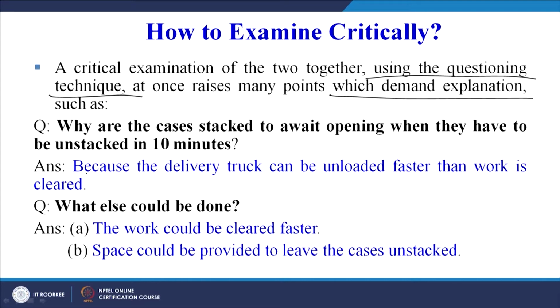The answer is because the delivery truck can unload faster than the work is cleared. So the rate of clearing the work from that unloading section is slower, and the rate of unloading the cases from the truck is much faster than they are getting cleared. So therefore they are getting stacked there.